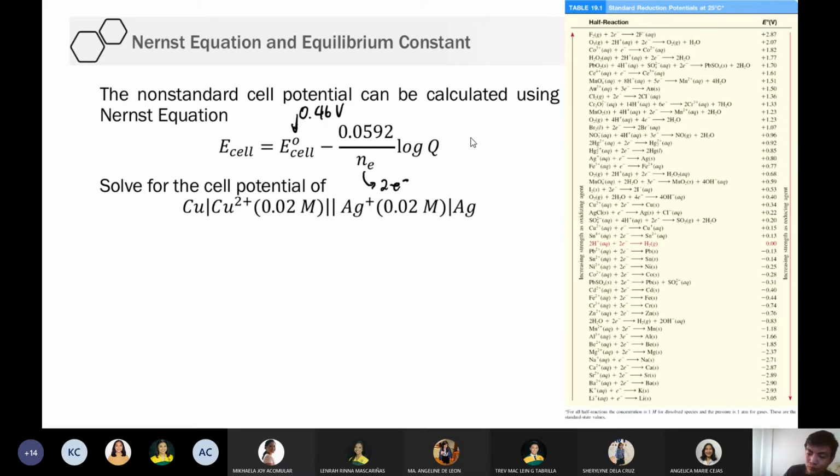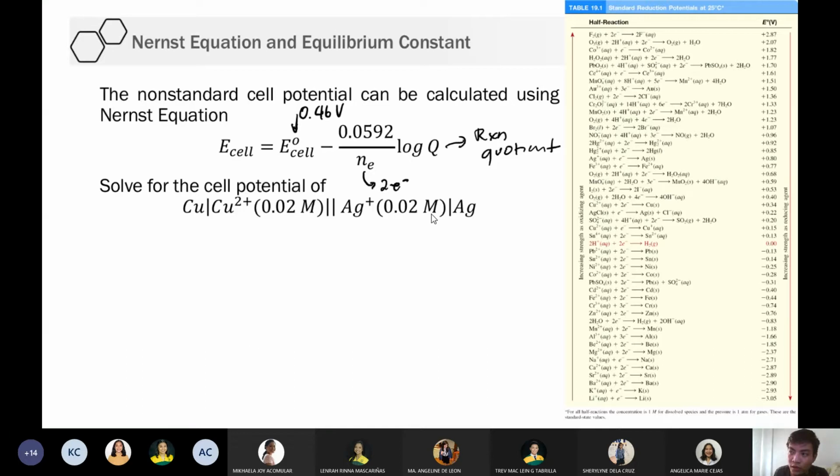What is Q? Q is the reaction quotient. Okay? And you know, reaction quotient is similar with equilibrium constant. So, it means, kailangan may correct equation tayo. So, kunin natin yung equation para alam natin kung ano ilalagay sa Q. Okay?